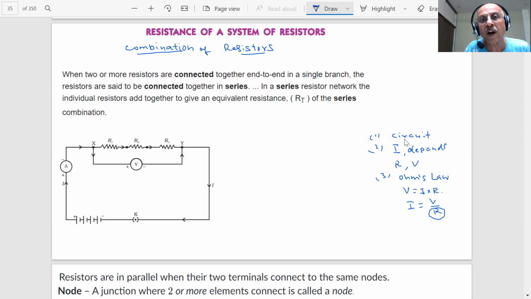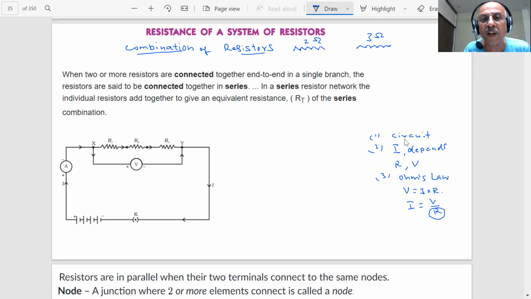Supposing I have a resistance of 2 ohms, and another resistor of 3 ohms. Now how do we combine them?